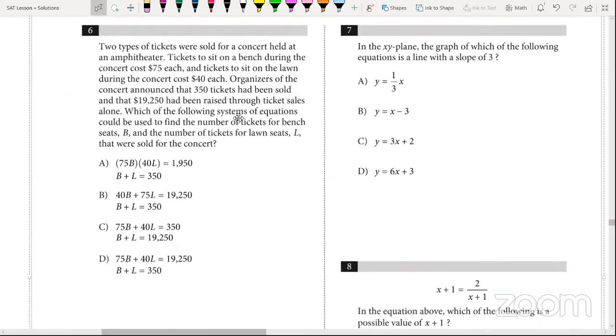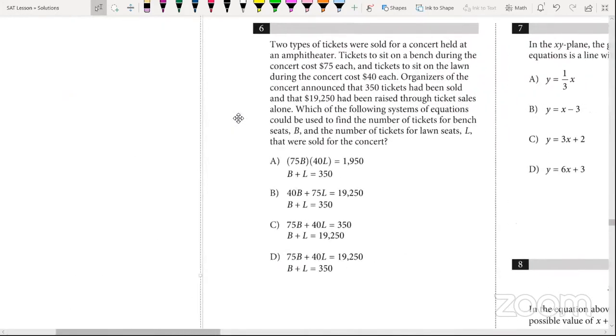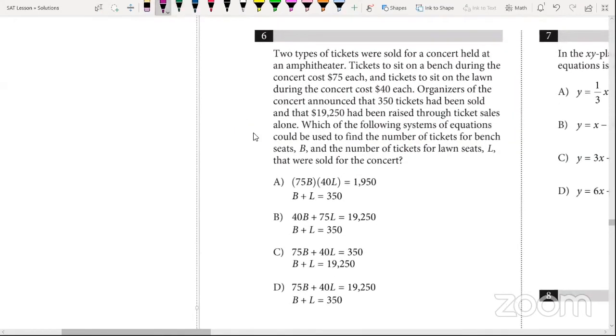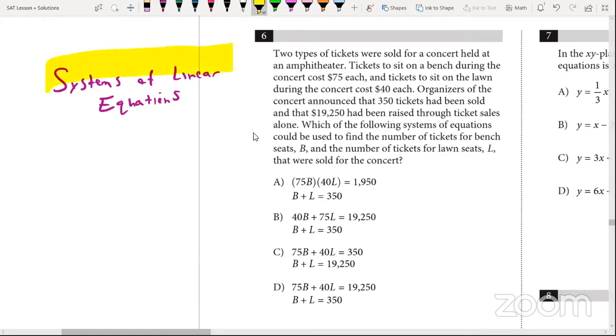Number 6 is a system of linear equations kind of set up here. And the big thing we emphasize with systems of linear equations is to be really clear on what your variables are. So they spelled it out for us, but they also gave us so much more information that it's a little overwhelming.